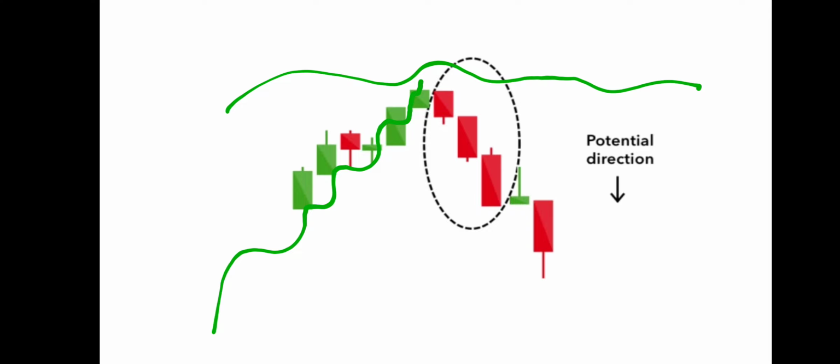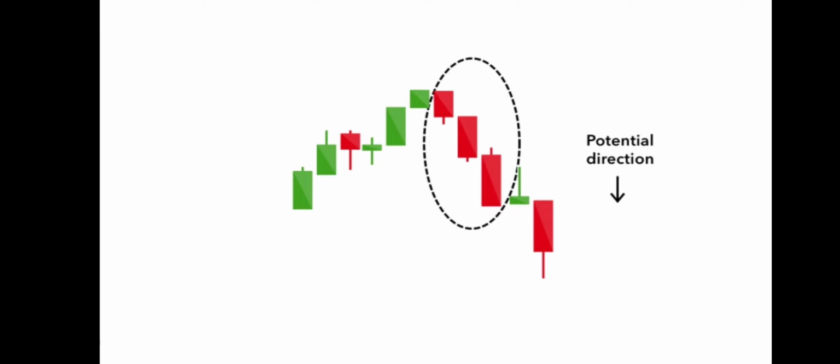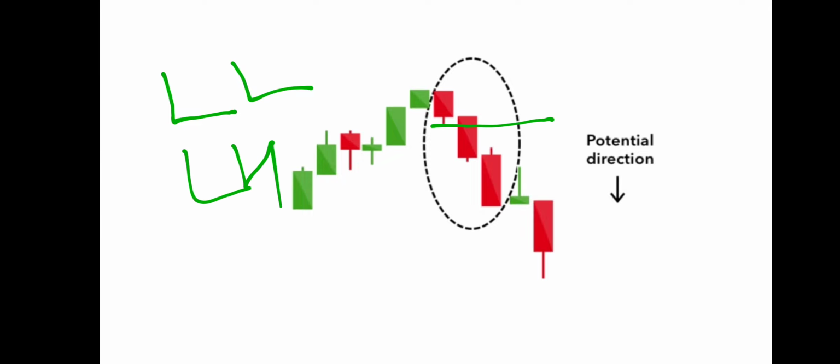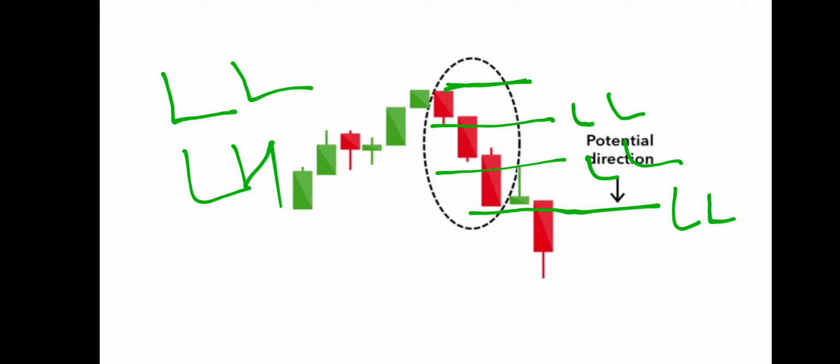If in the white soldiers you have seen higher highs and higher lows, this is the opposite of it, making lower lows and lower highs. The previous candle high is this, and the next candle high is this, so it means lower highs.